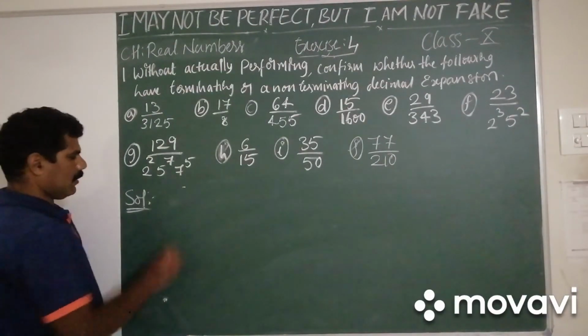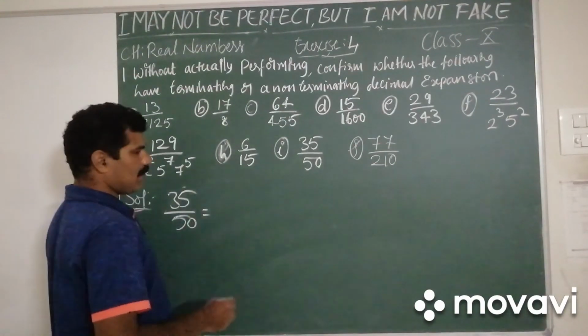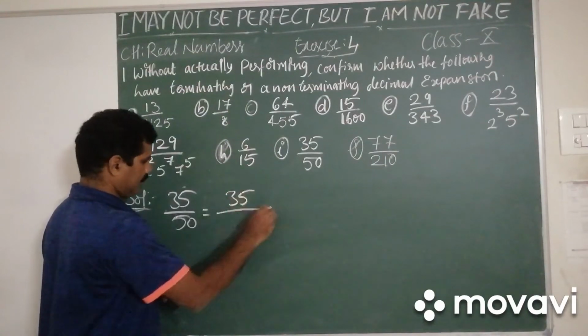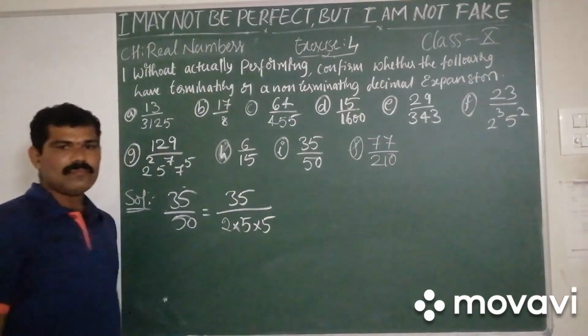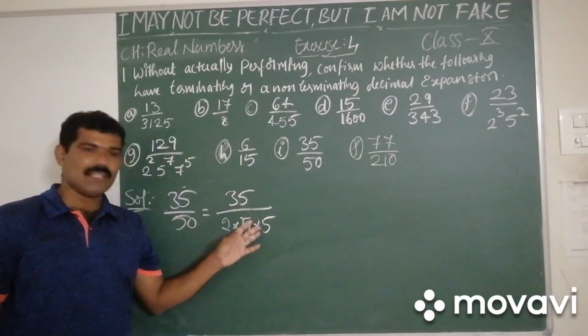Now ninth one, that is 35 by 50. See, this can be written as 35 by 2 into 5 into 5. Again, you may have doubts that if you expand this, maybe there is chance for cancellation.